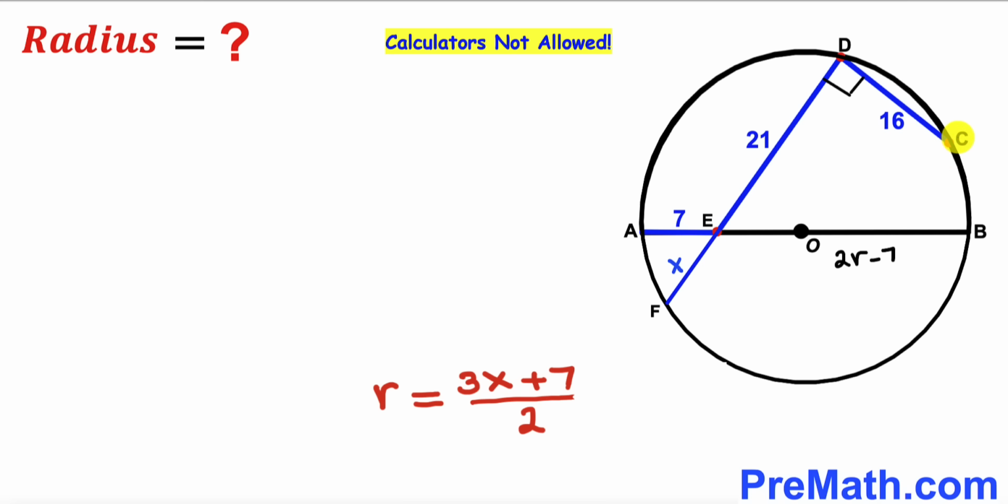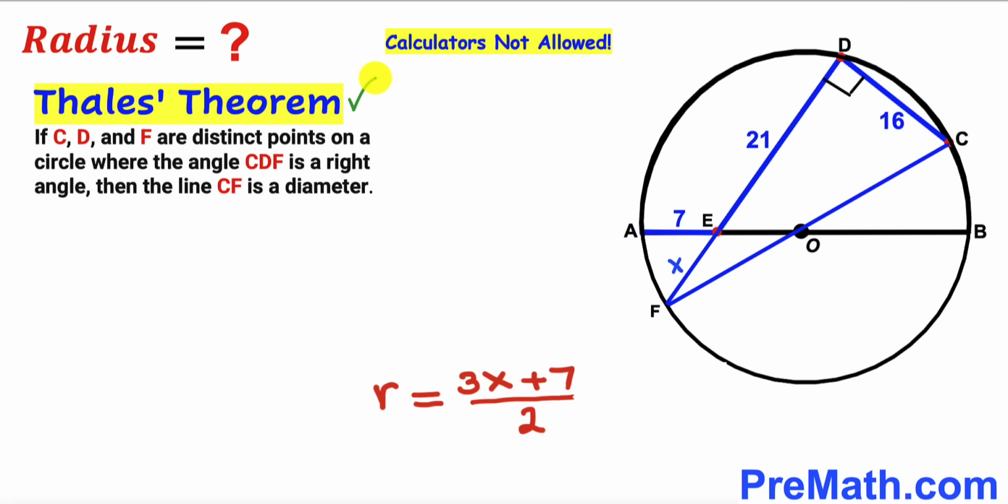And now in this next step, I am going to connect these two vertices C and F, as you can see in this next step. And now let's recall the Thales Theorem. According to this theorem, if C, D, and F are three distinct points on the very same circle where the angle CDF is a right angle, then the line CF is going to be our diameter.